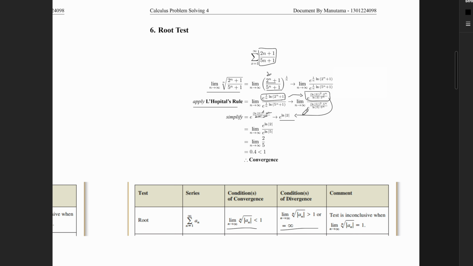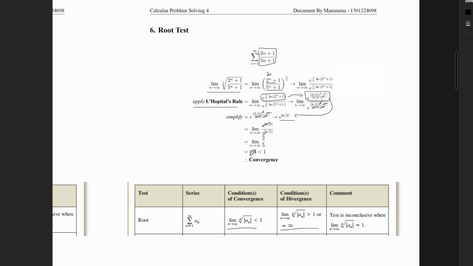Therefore, it becomes e to the power of ln 2. And for the 5, the same. Cancel this, we got e to the power of 5. This form we can just take out the ln and leave 2 and 5. So we got the limit as n goes to infinity of 2 over 5. There is no more n, so it's 2 over 5.